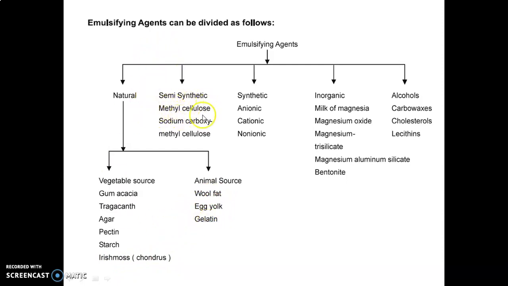Semi-synthetic: methyl cellulose, sodium carboxymethyl cellulose, that is sodium CMC. Synthetic: anionic, cationic, non-ionic, which contain charges. Anionic means containing negative charge, cationic, positive charge, non-ionic, chargeless. Inorganic: milk of magnesia, magnesium oxide, magnesium trisilicate, magnesium aluminium silicate, and bentonite. And the alcohols: carboxylates, cholesterol, lecithins.